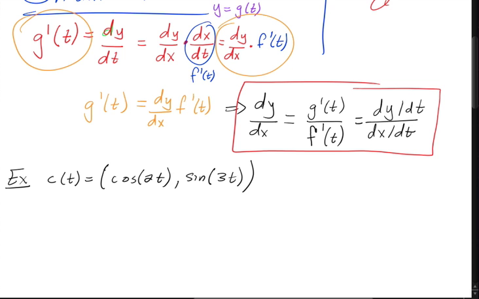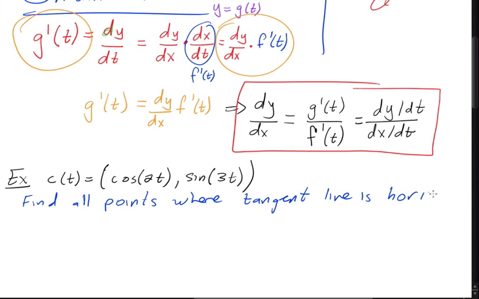And then let's say we want to find all points where the tangent line is horizontal or vertical.